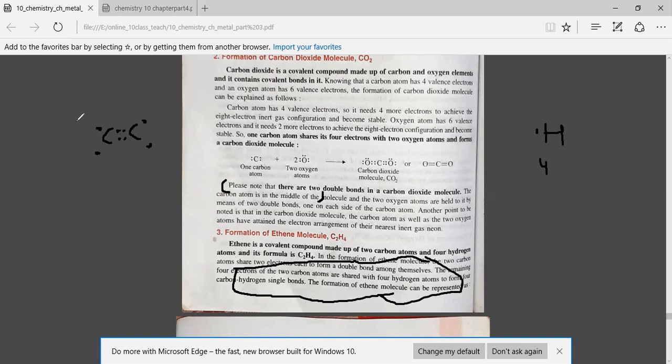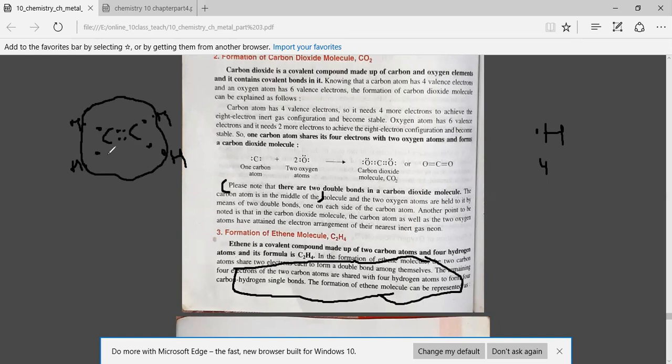Now this electron will be shared with a hydrogen atom, this electron with another hydrogen atom, this one with the third hydrogen atom, and this with the fourth hydrogen atom. So here it has completed the octet.